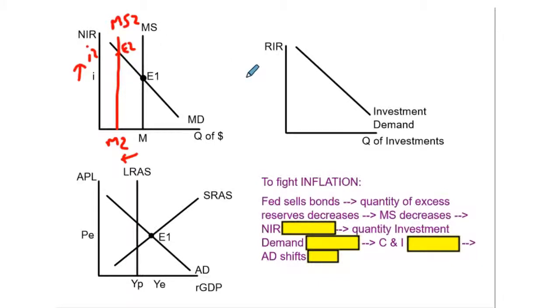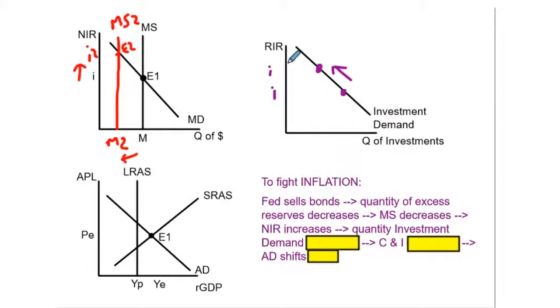When that's all drawn, you can see the effect on the nominal interest rate. So the nominal interest rate increased. Money supply and interest rates are inverse, so far we're doing well. When nominal interest rates increase, that's also going to mean that real interest rates increase. So we're going to have a move along the curve of investment demand. So the investment demand will move along the curve to the left.